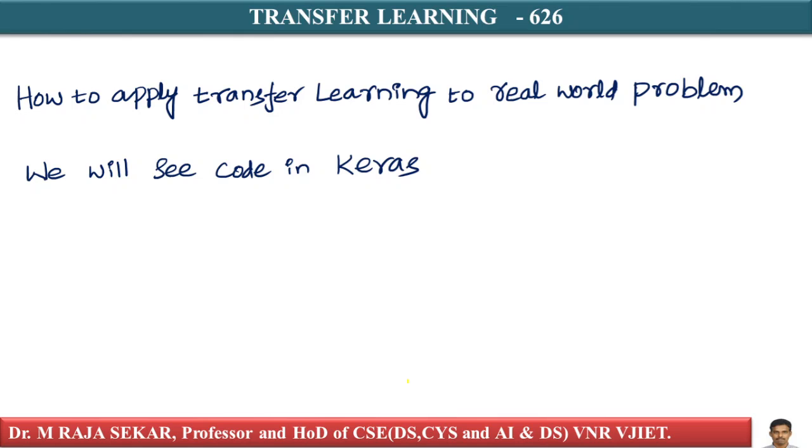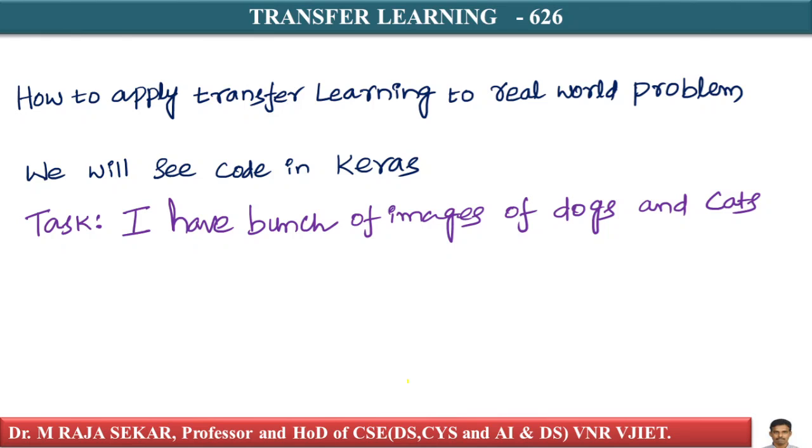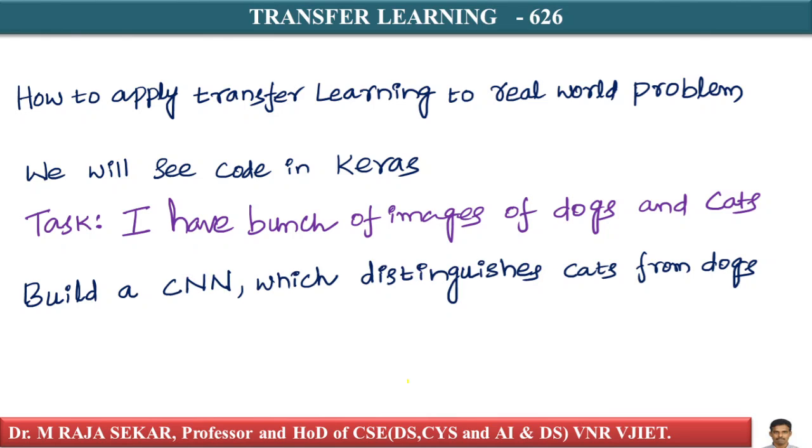The idea is this: suppose you are given a task. Let's assume my task has a bunch of images of dogs and a bunch of images of cats, and I want to build a convolutional neural network which distinguishes cats from dogs.